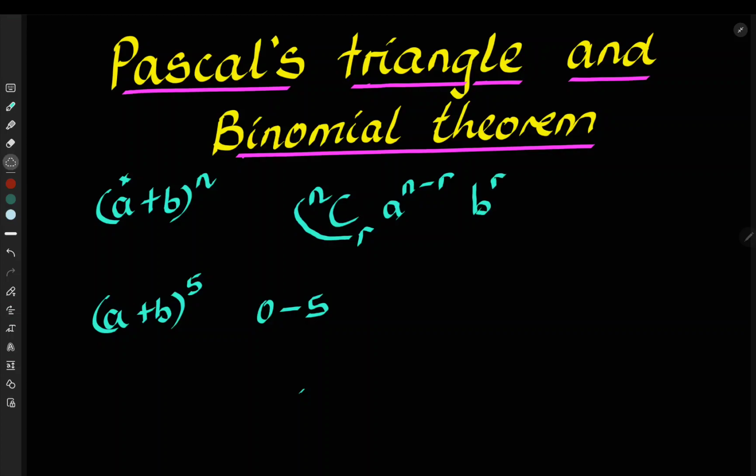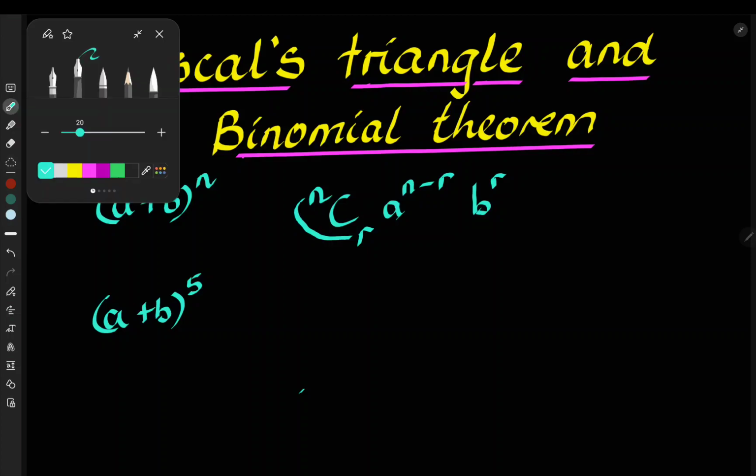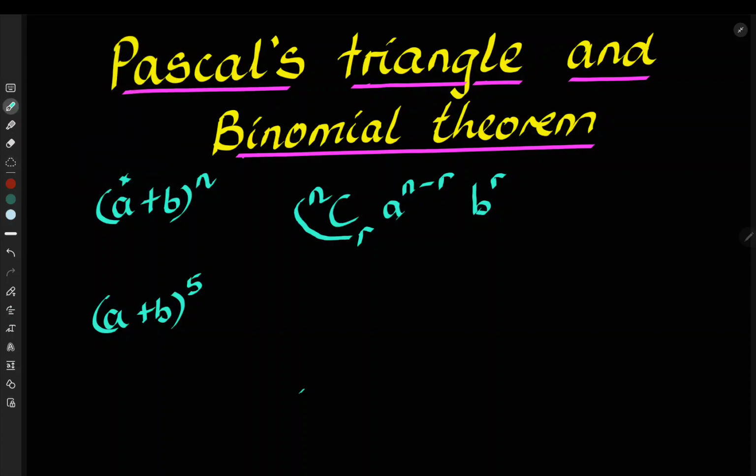So let's go ahead and look at an example where we're going to expand (a + b) to the power 5. To do this expansion, we first of all choose r. We have options to choose from 0 to 5, remember.